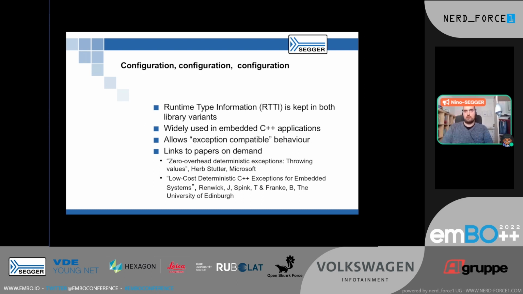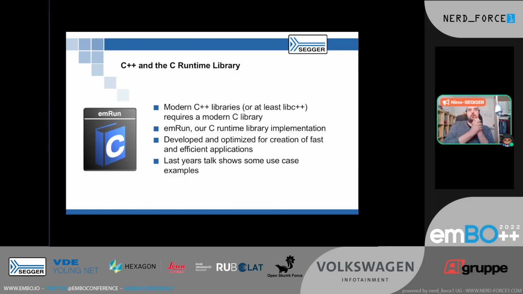So they explain essentially how you can use this runtime type information and other information that you have in your C++ code to get the exception features. So, as mentioned, in this case the modern C runtime library was needed.